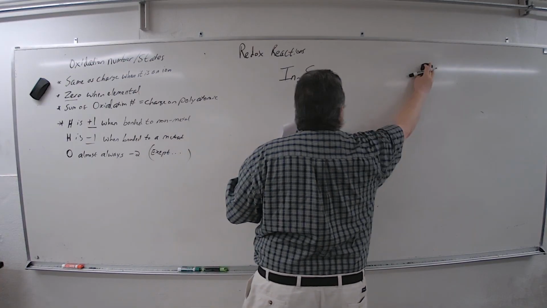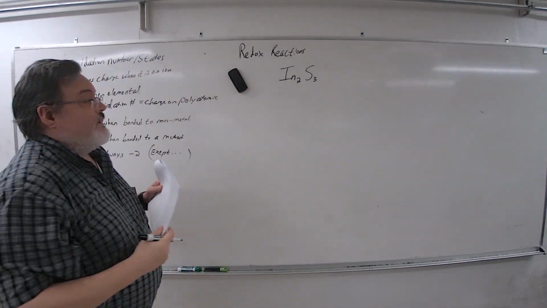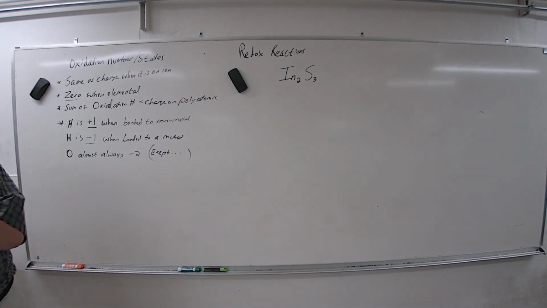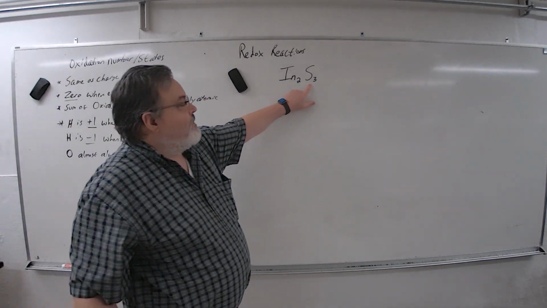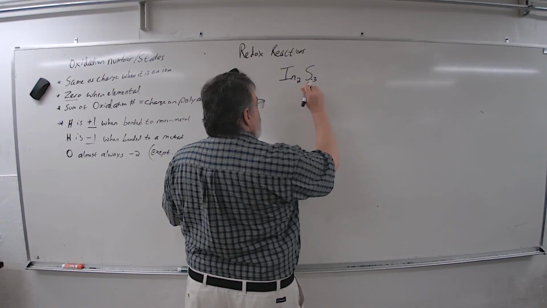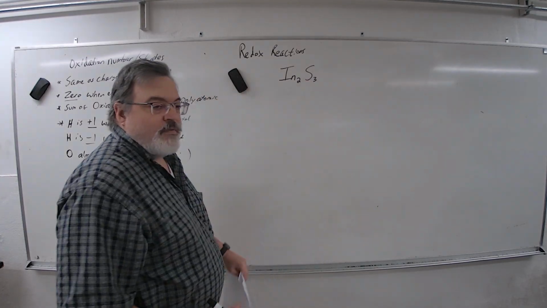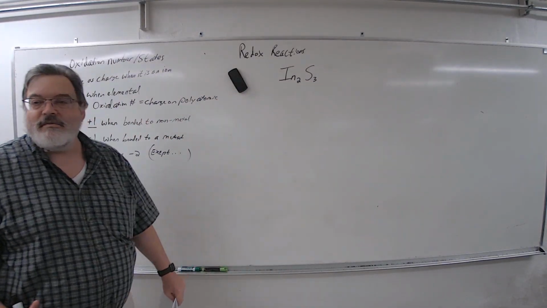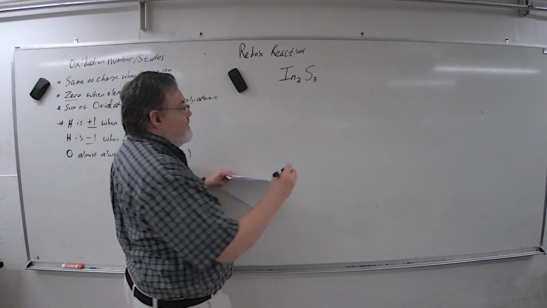Is this an ionic compound? You probably need a periodic table sitting in front of you. But this is in the nonmetals, and this is a metal, so this is an ionic compound. Do you know the charge on sulfur when it's an ion? -2, just like oxygen.